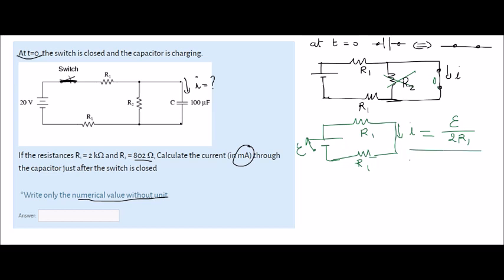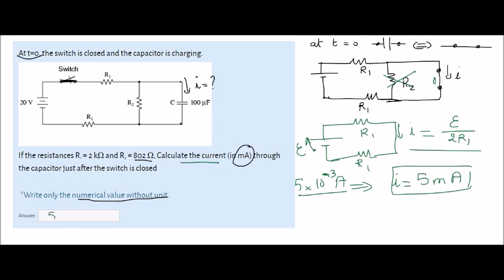If you do it correctly, you get I equal 5 milliampere, so 5 times 10 to the power minus 3 ampere. You need to remember that we ask you to calculate the current in milliampere, so you write just 5 here. Okay, that's the last question that we solve. Thank you for watching.